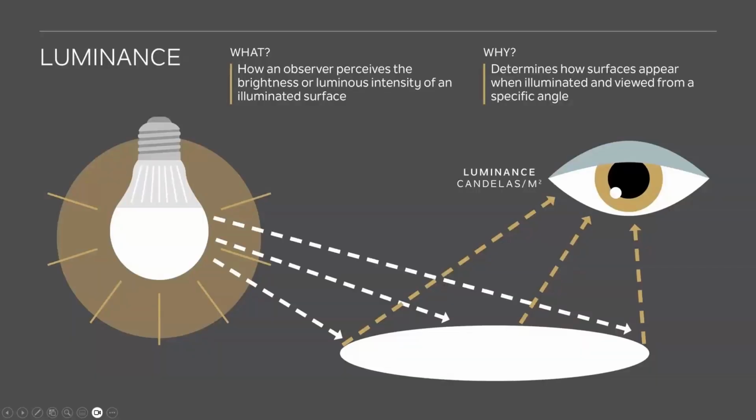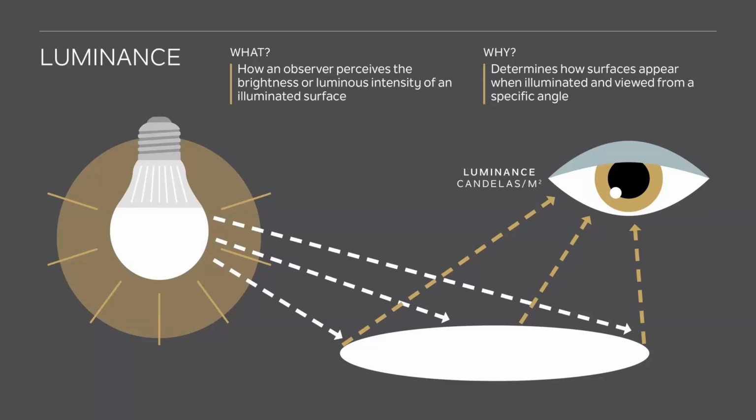Now we're going to talk a little bit about luminance. Very simply put, luminance is how an observer perceives the brightness or luminous intensity of an illuminated space. It basically quantifies the amount of light emitted, reflected, or transmitted from a surface in a particular direction per area or per space. Now, there are a few things that affect how someone perceives light. Part of that may be the composition of the surface.